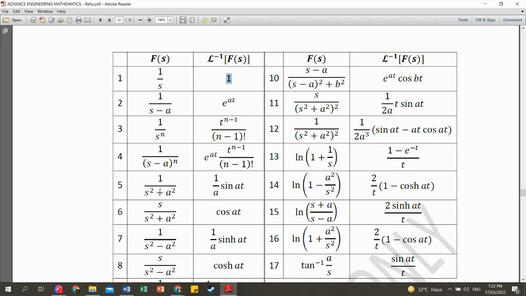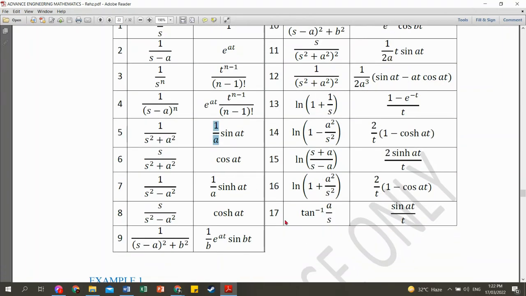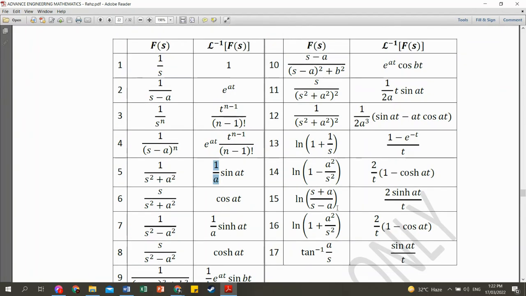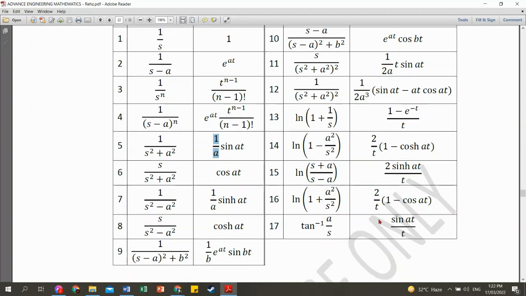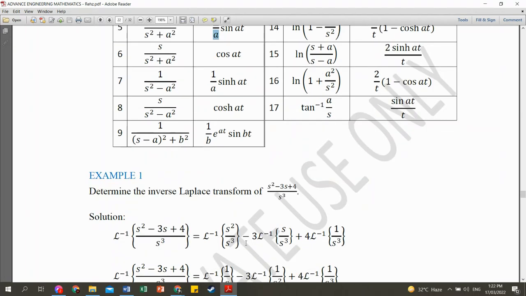Okay, pero kapag meron kang 1 sa numerator, tapos the denominator is s squared plus a squared, you need to multiply 1 over a by sine at. Okay, and so on. So you have these formulas, kung as much as possible, i-memorize nyo ang mga ito. Okay? So, madami siya, no? You have ln of 1 plus 1 over s is 1 minus e raised to negative t, and so on. Yan. So, meron tayo dito.